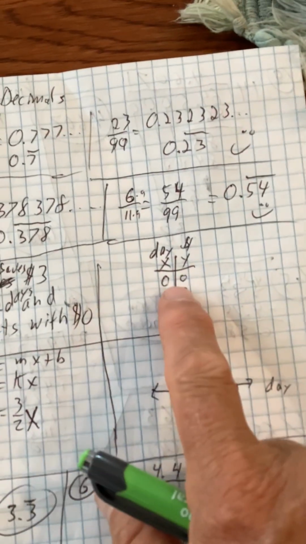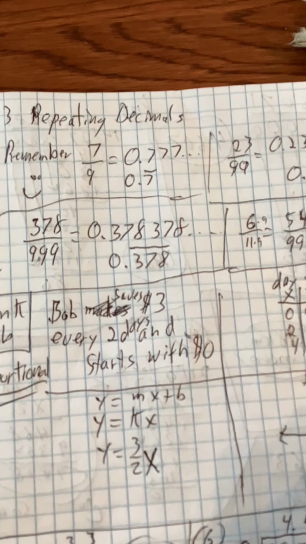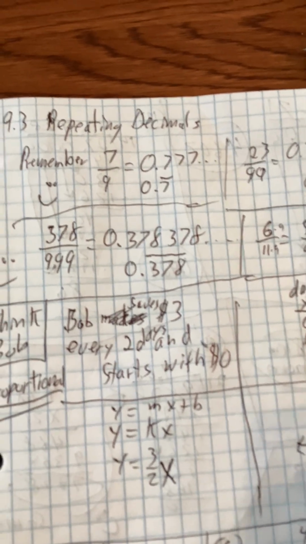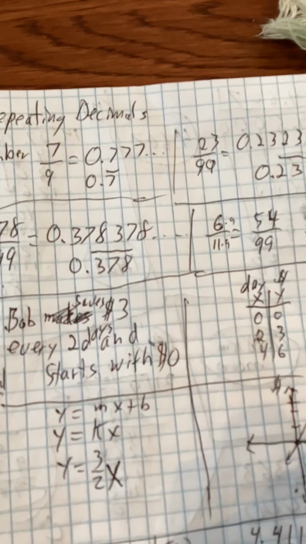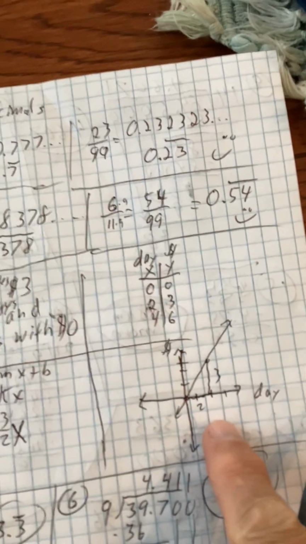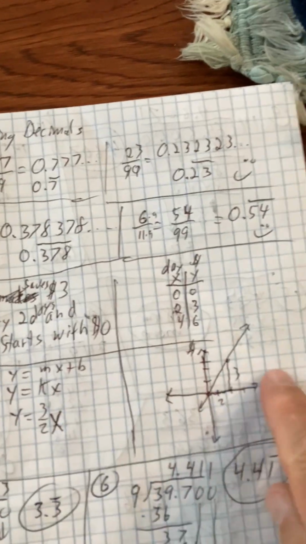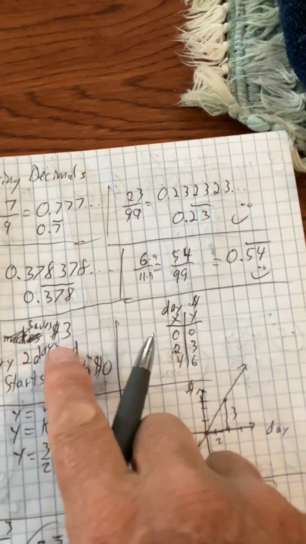And so if you graph those first 2 points, here's 0, 0. And if I go over 2, up 3, there's my line. I went over 2 and I went up 3, which is my rate, which is my slope. You'll learn that later.